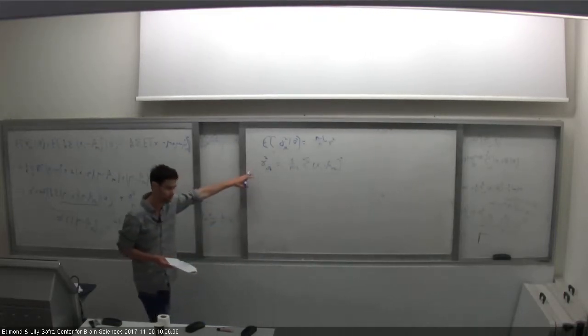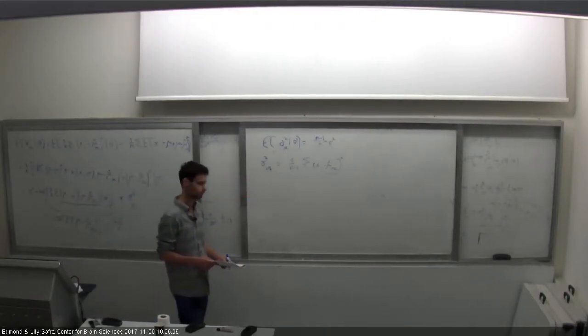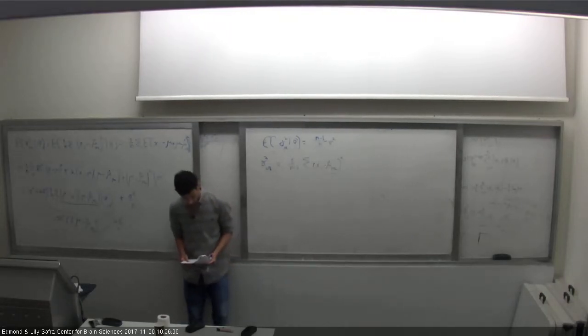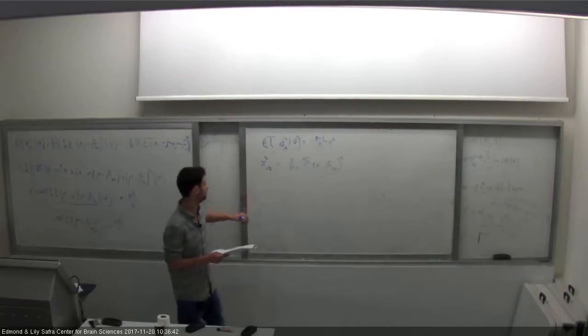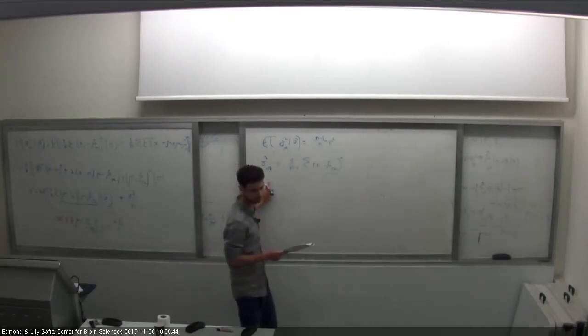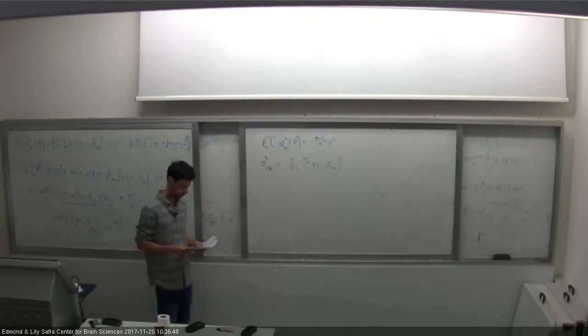Of the variance, sigma squared. I will not show you, but you can check that this is an unbiased estimator of the variance.